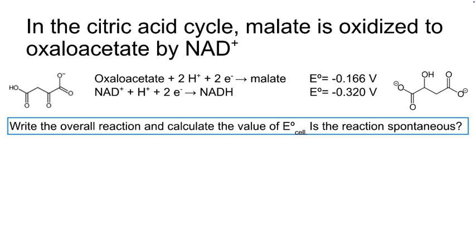So we're switching: malate is oxidized to oxaloacetate. Okay? That's the question, or that's our equation that we're trying to do. If that's our equation, what is the malate? Reactant or product?